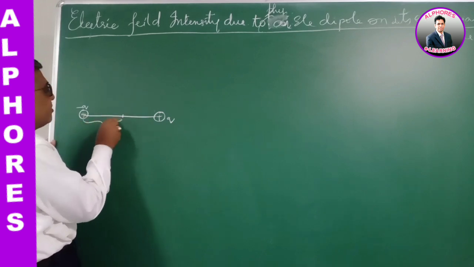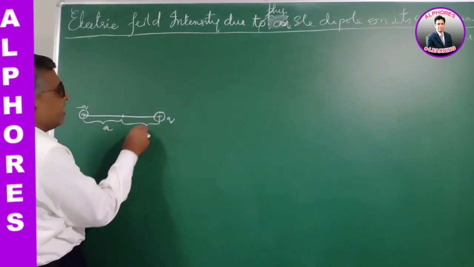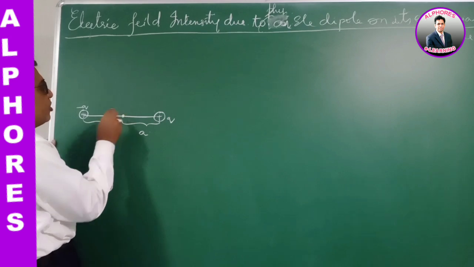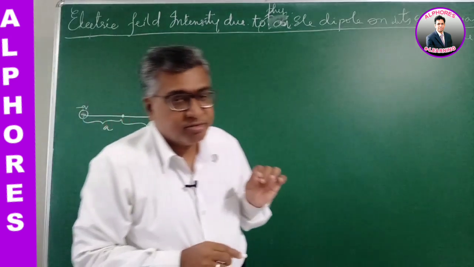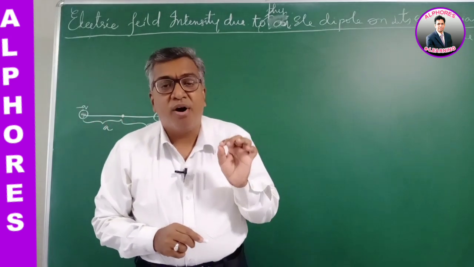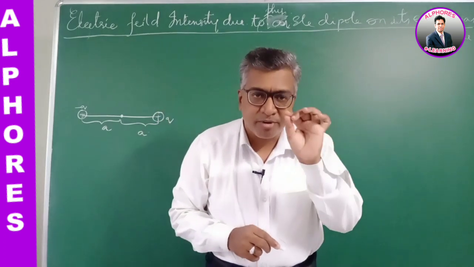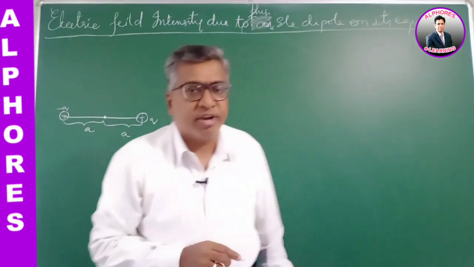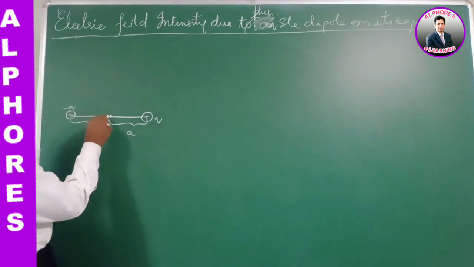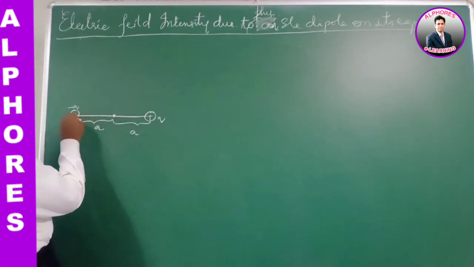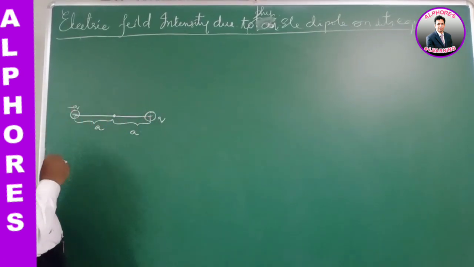Let the separation be A here and A here, and this is the midpoint of the dipole. There is a lot of importance to that midpoint. All distances are measured from that midpoint; actually that is taken as the origin. This is at A and this is at A.